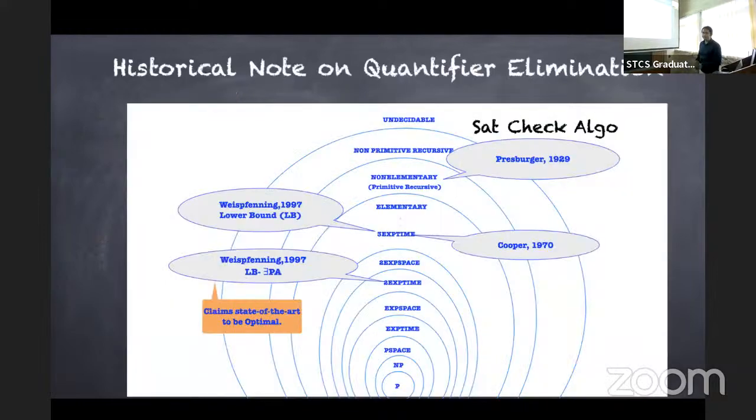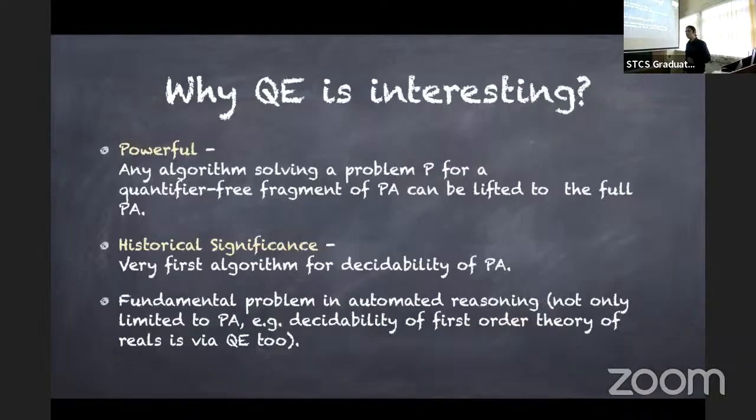Are there other techniques for going from full PA to a quantifier-free fragment?